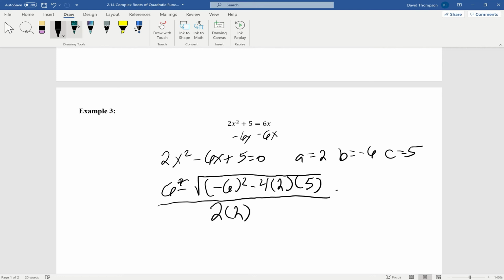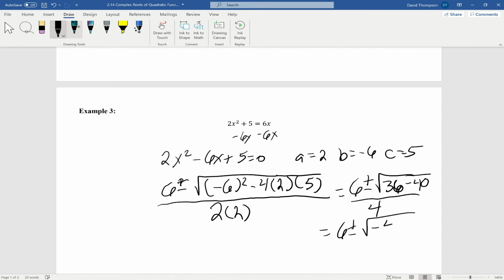So we have 6 plus or minus square root of 36 minus 4 times 2 is 8, times 5 is 40, so 36 minus 40, all this over 4. So we have 6 plus or minus square root of negative 4, all this over 4.